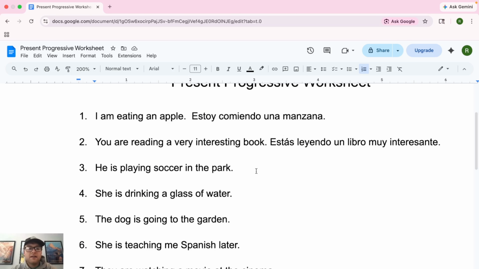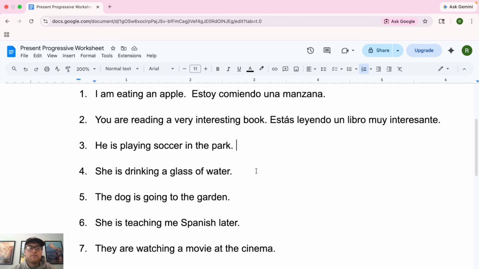Number three, he is playing soccer in the park. Okay, so to play is jugar, so we have an AR ending now. And then he is going to be él está jugando. And then they don't say soccer in Spanish, they call it fútbol en el parque. And yep, Google's going to pick up on these tildes, cool.